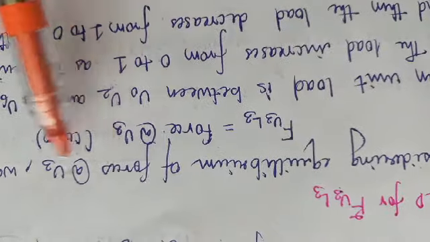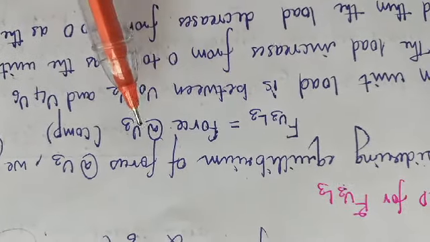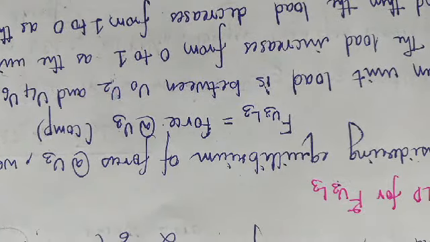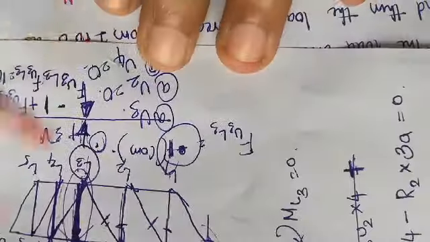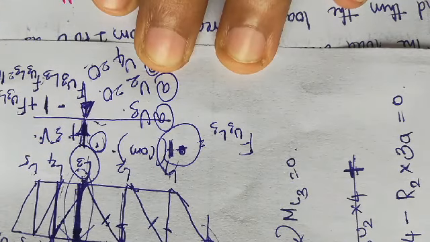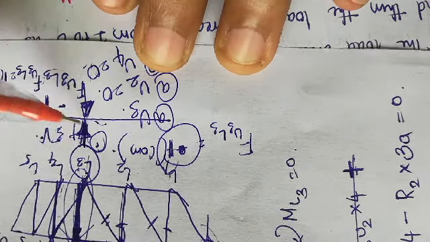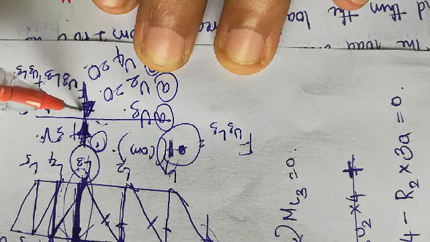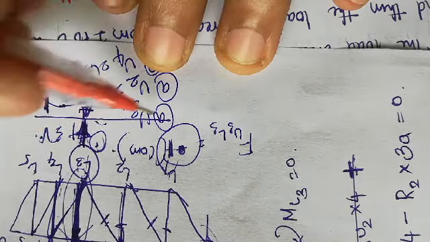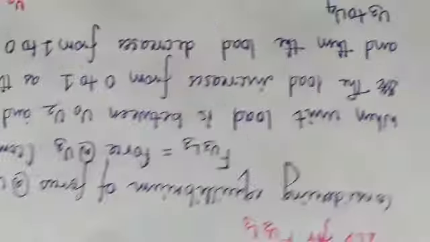Considering equilibrium of forces at U3, we get force in U3 L3 is equal to the force at U3, and it is compressive, as I have told over here. Now this can be a unit load or any type of load. For example, I take a unit load. When it is at U3, the complete force in U3 L3 equals the load at U3, and it is compressive in nature.